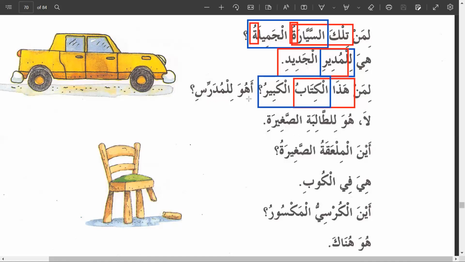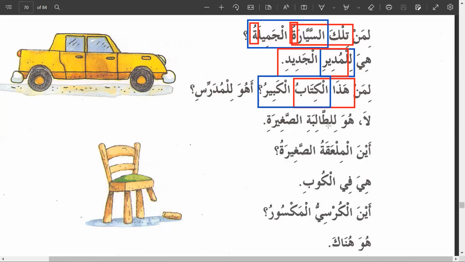Huwa lil mudarrisi? Is it huwa, this, or is it lil mudarrisi? It is for the teacher. Is this for the teacher? La, no. Huwa lit talibati.